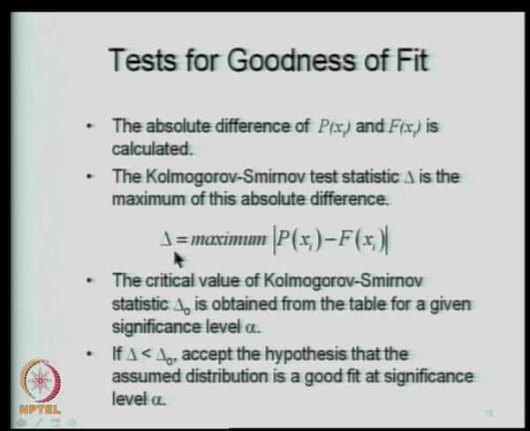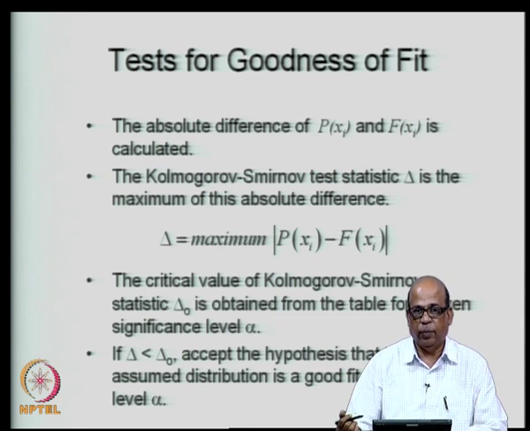If the delta that you have calculated, as the maximum absolute difference between the observed CDF and the expected CDF value associated with x i, is less than delta naught, then we accept the hypothesis that the assumed distribution is a good fit at significance level alpha.